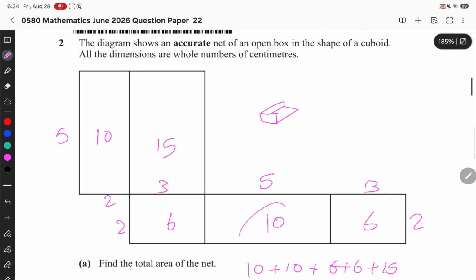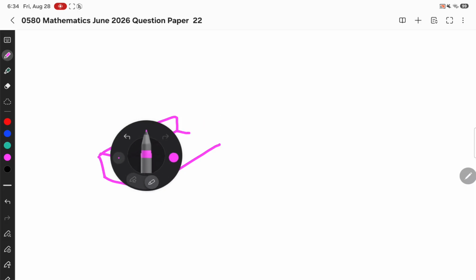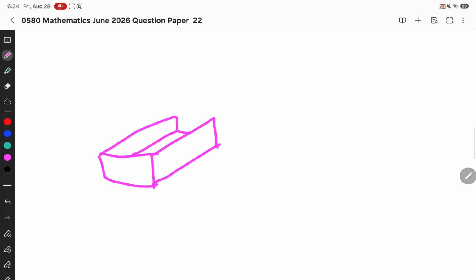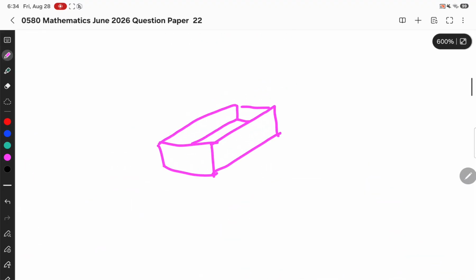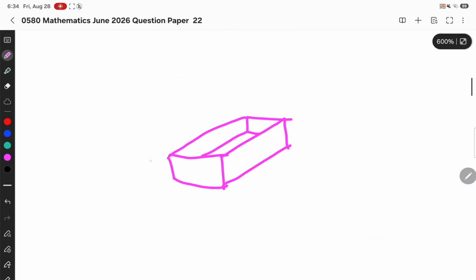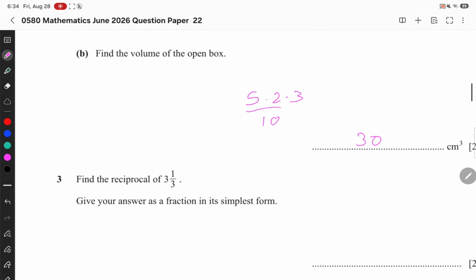Next, you will have this half as well, so kind of like this. So let's reflect this over here, and finally this right over here. You can see it's like an open box. So this is how we have it: this is 2, this is 3, and this is 5. And it does give us a volume of 50.